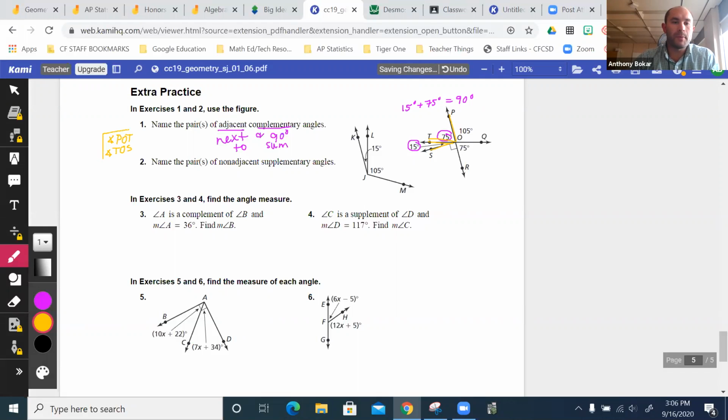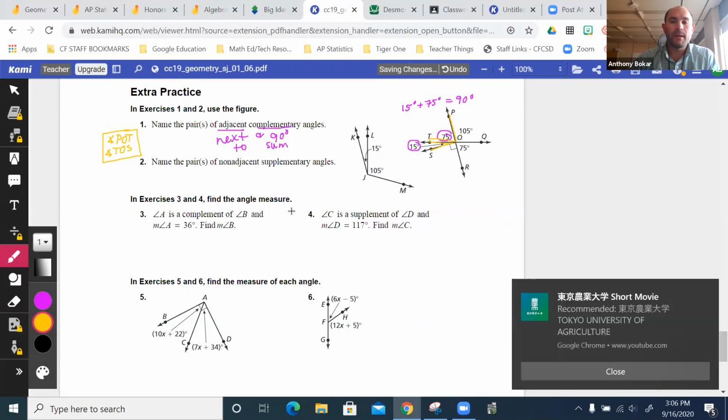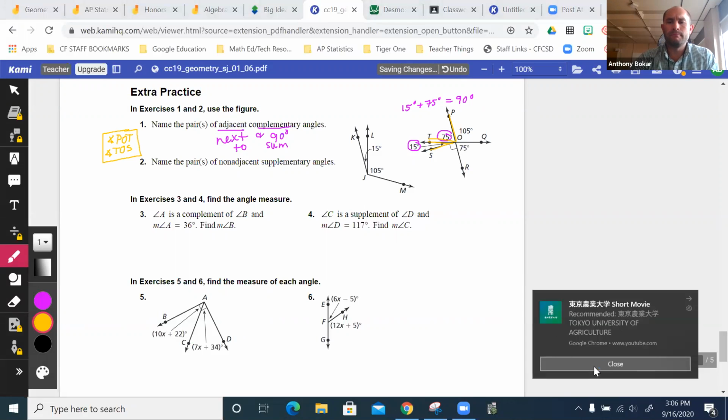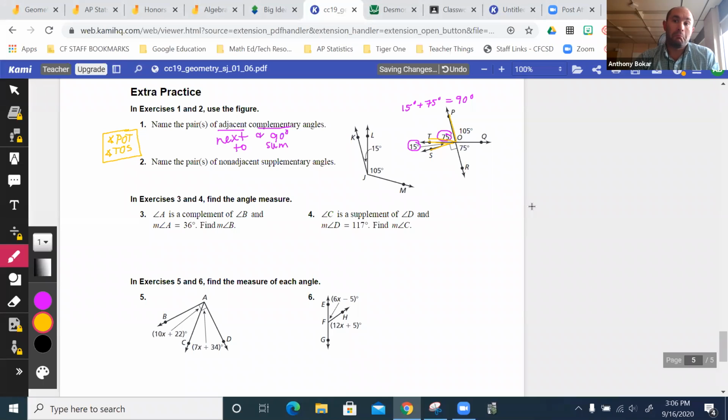So this is one pair of angles that are adjacent and then also complementary angles, okay? And I'm trying to scan through here and see if I see some other ones.